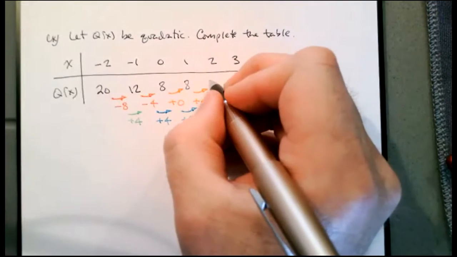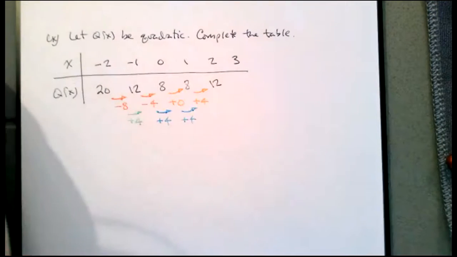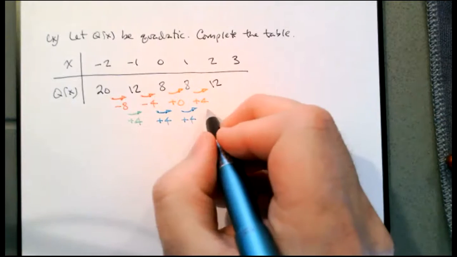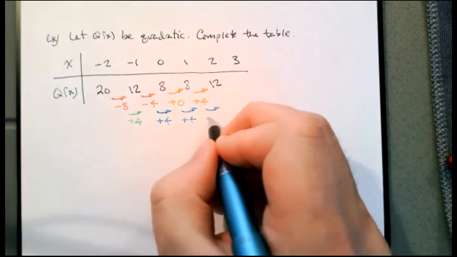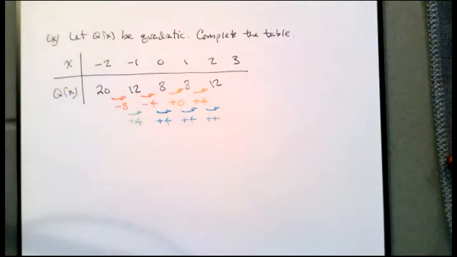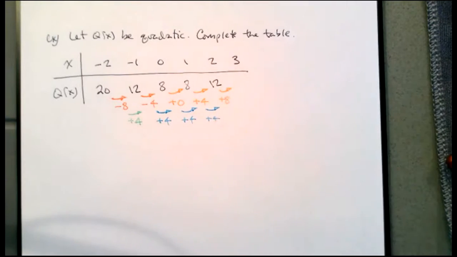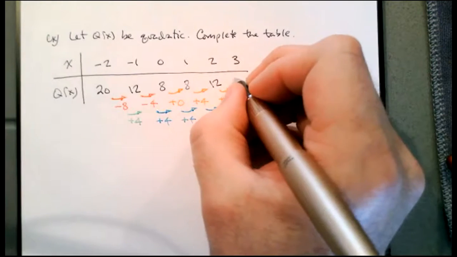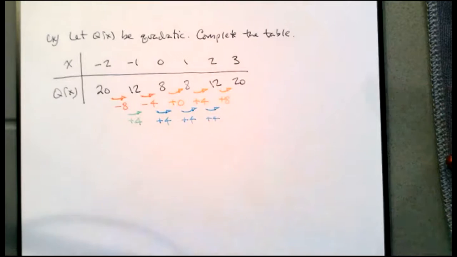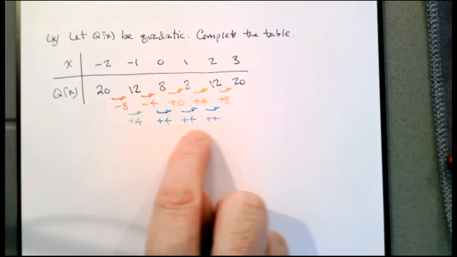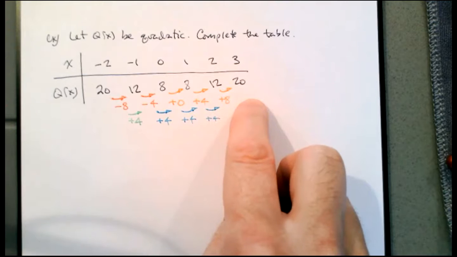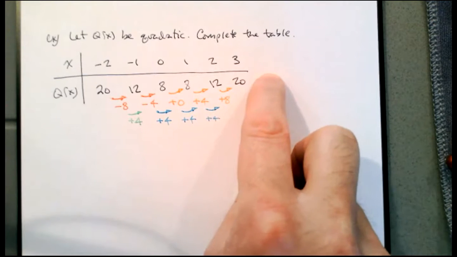And so that'll put us at a 12. Then the next change down here will be 4 higher. So that's where we'll see +8, and we'll be back up at 20. So knowing that things are constant down here helps us figure out the rate of change, helps us figure out q.